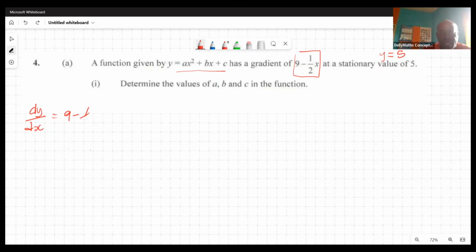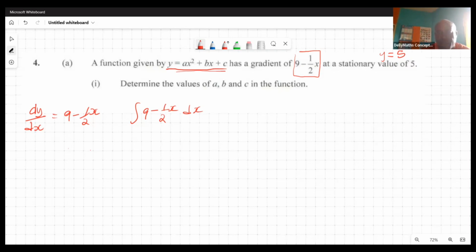A way in which I could go back to the original form is to integrate 9 minus half x dx, and then use a point to find the original equation and pick up my a, b, and c. So there are two approaches. I'm just going to integrate here.